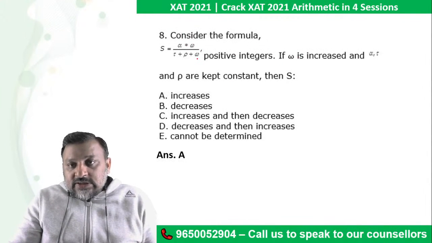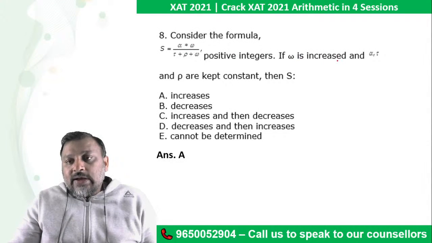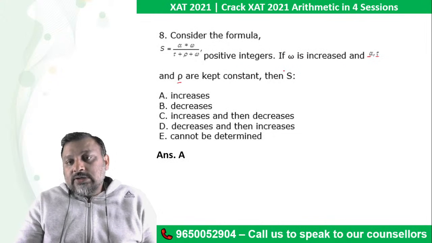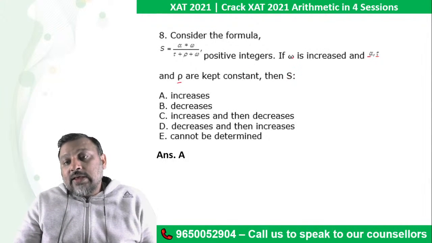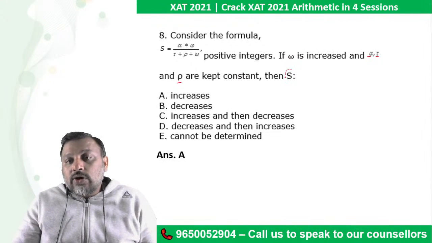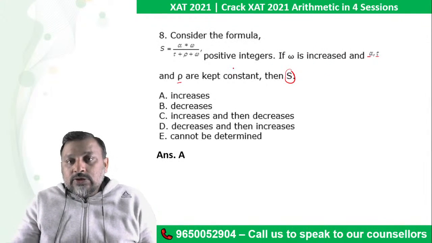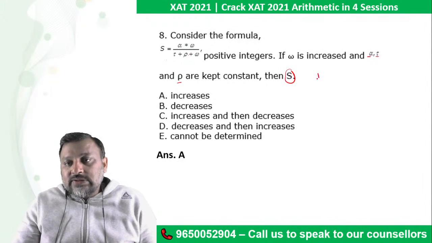See, this is the relationship given, and it is given this omega is increased while the rest are constant. Rest are kept constant. So I need to find the impact of this on S. So if S is this much, can we say 1 by S would be this?